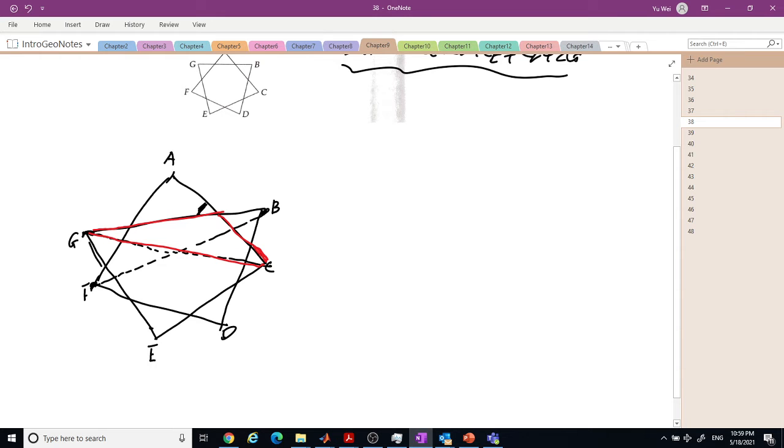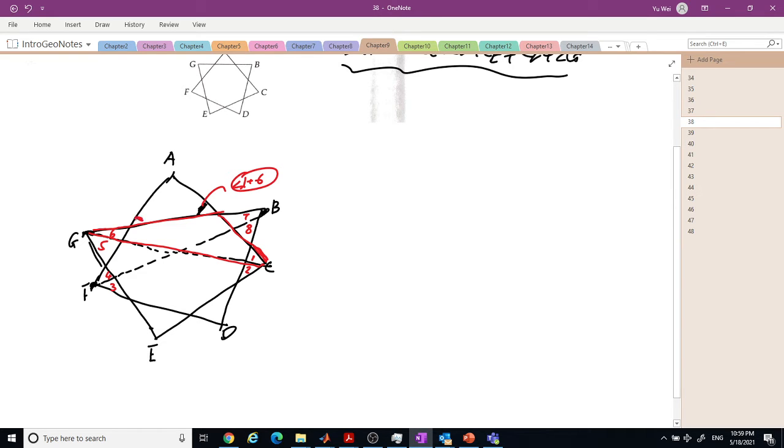Okay, let me mark all the angles 1, 2, 3, 4, 5, 6, 7, and 8. This angle is equal to the angle 1 plus 6.